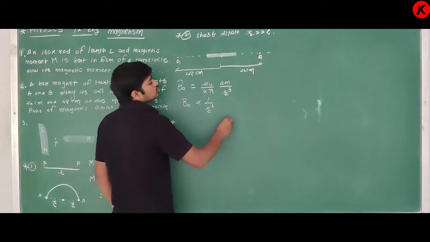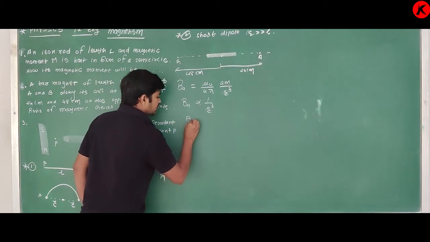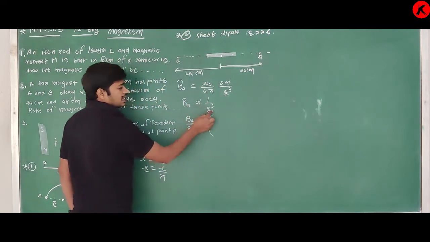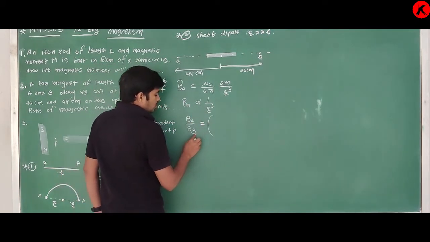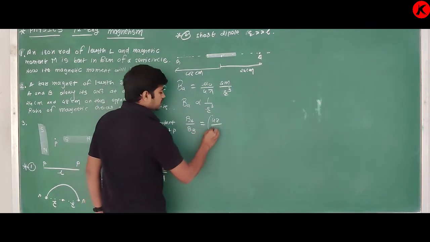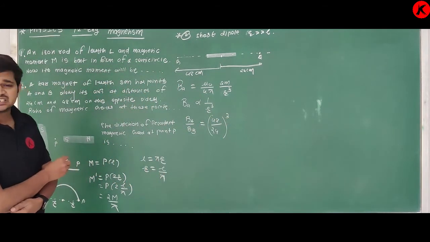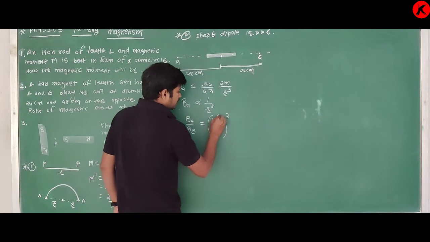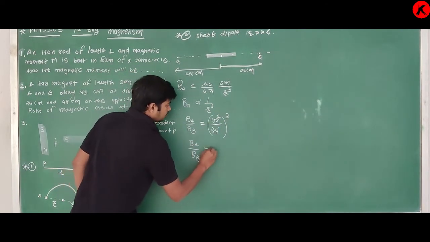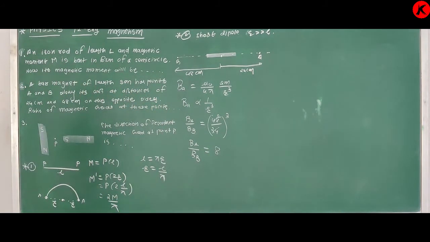Now for A and B, the magnetic field at A and magnetic field at B has an inverse relation. What is the distance for point B? It is 48. What is the distance for point A? It is 24. So 48 upon 24 is 2. So B_A divided by B_B is equal to 2 cube, which means it is 8. That is the answer.